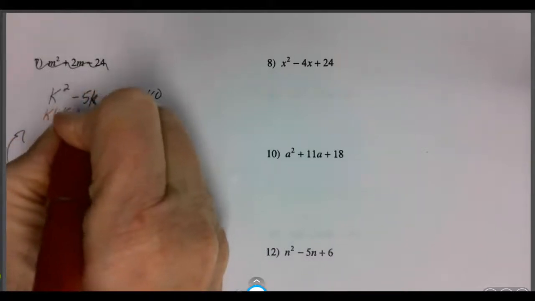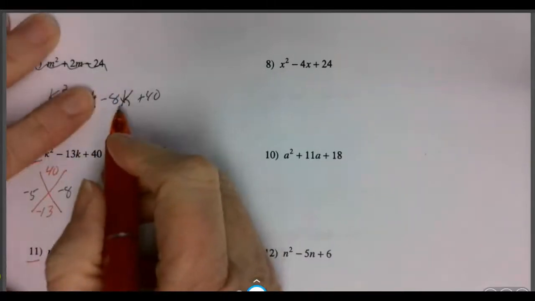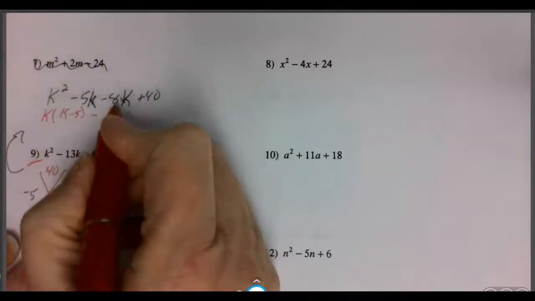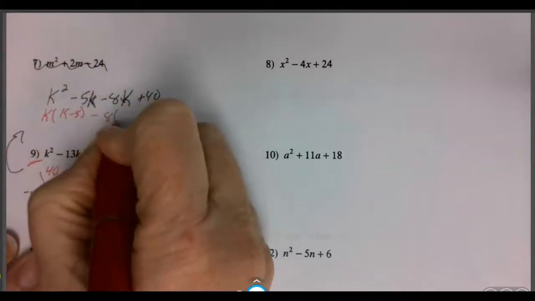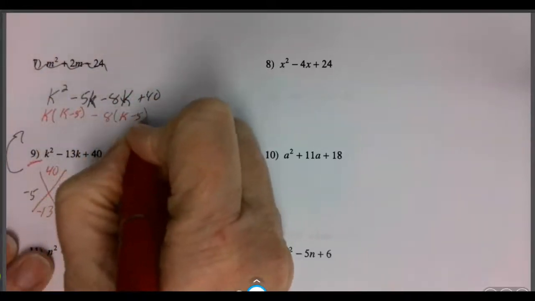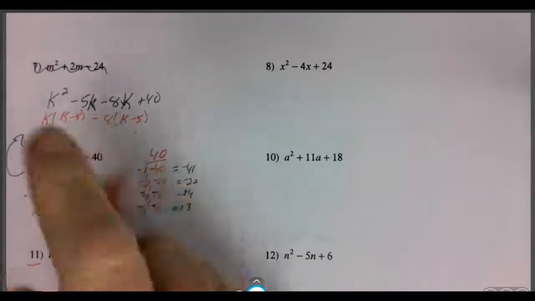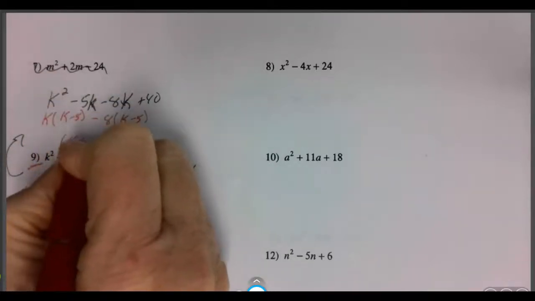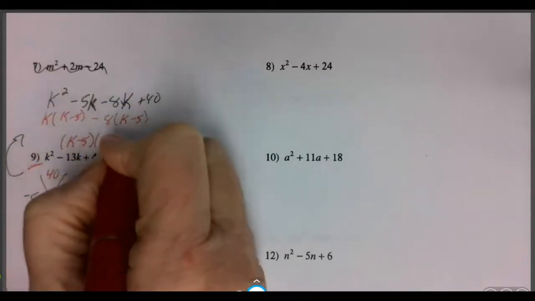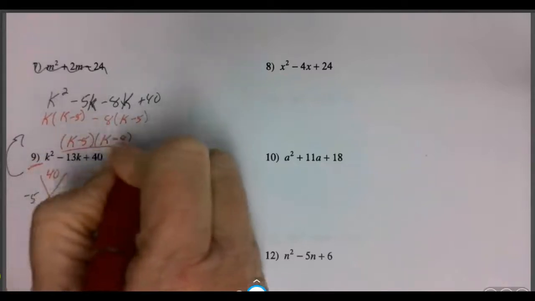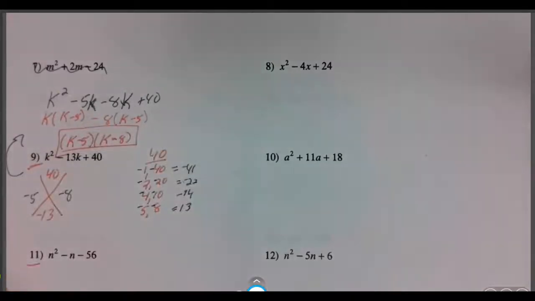I have k minus 5. Warning, third term is negative. So you need to factor out a negative. What do they have in common? 8. So I get k minus 5. Yay, what's in the parentheses is the same. So we know we have k minus 5. What's left over? k minus 8. And there's our answer. Okay, good.